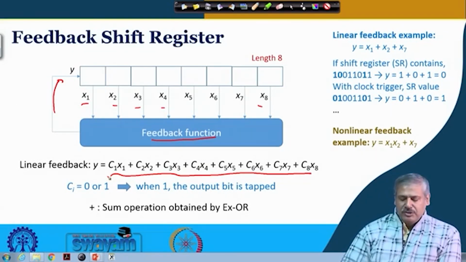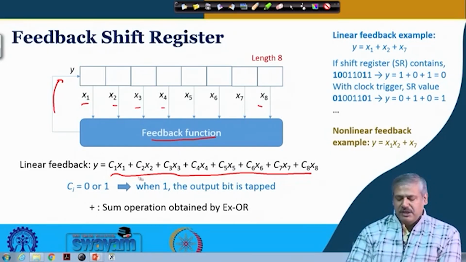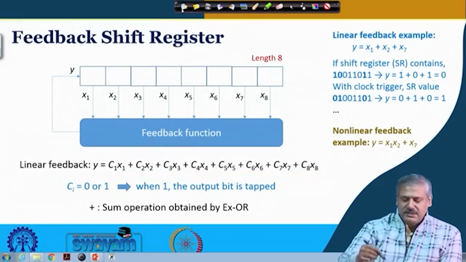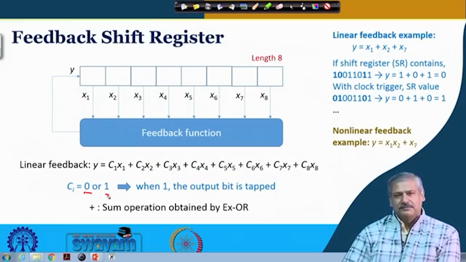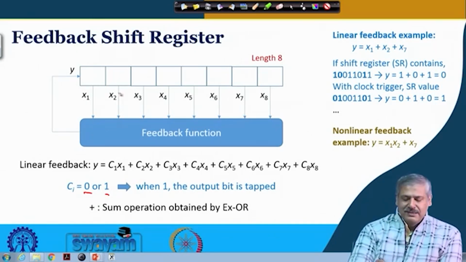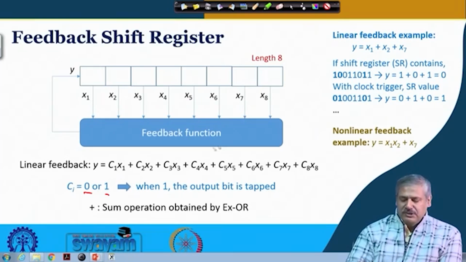In this case we write it in this manner: C1 x1 plus C2 x2 up to C8 x8. And these coefficients are either 0 or 1. It is a binary world. So 0 means this value is not used, in another sense there is no tap from this shift register output to the feedback function generation logic.